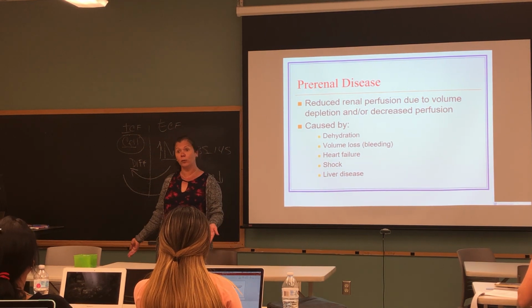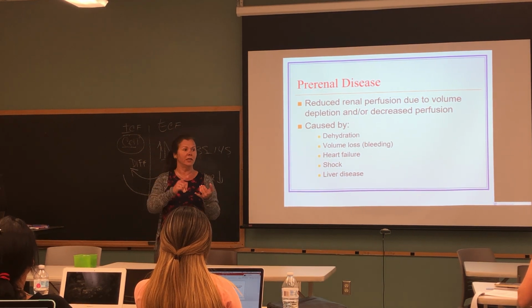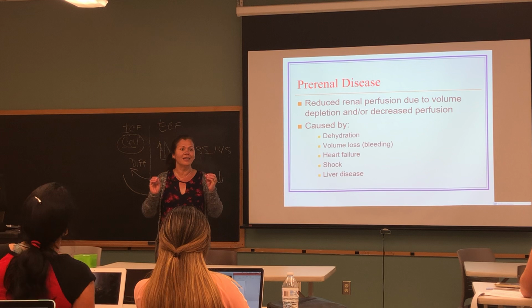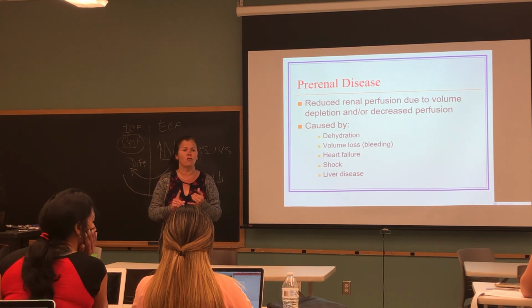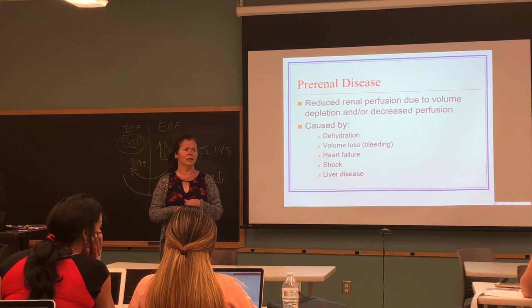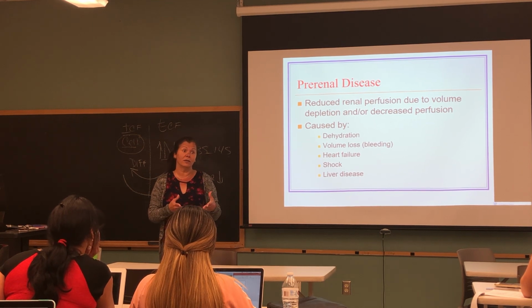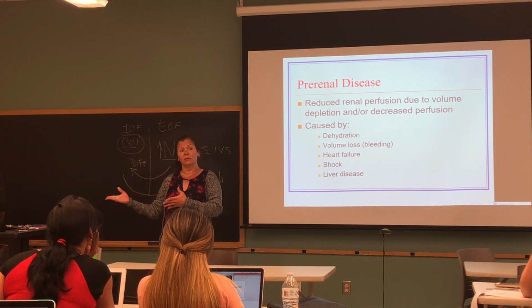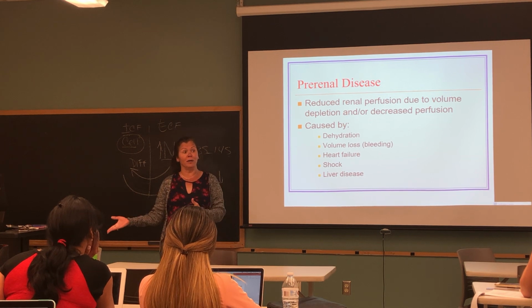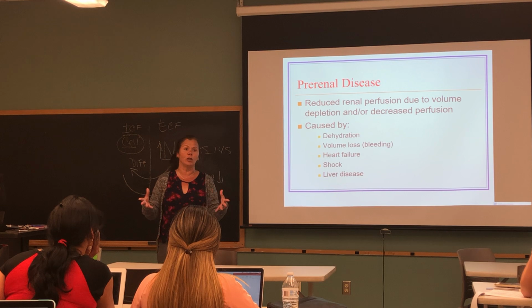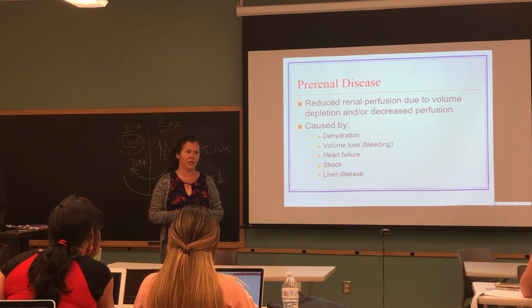So if you have a decreased preload because you have dehydration, bleeding, anemias, anything that decreases volume, diarrhea, vomiting, major sweatings, right? Or even, believe it or not, we're going to study mechanical ventilation, which is what is called insensible losses. You lose volume when you're on the ventilator, okay?